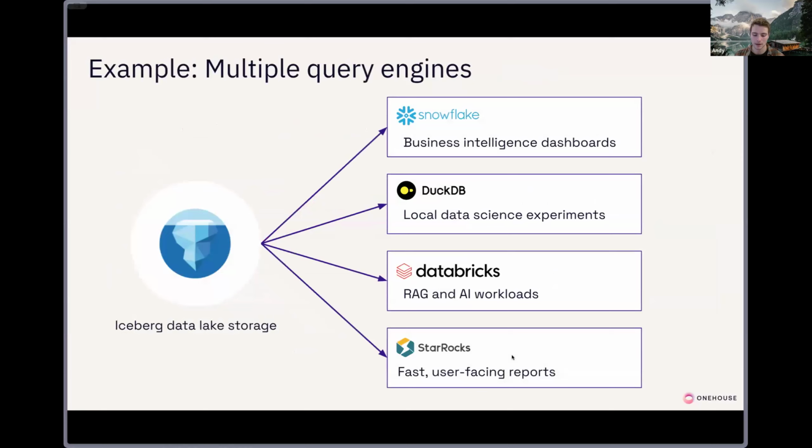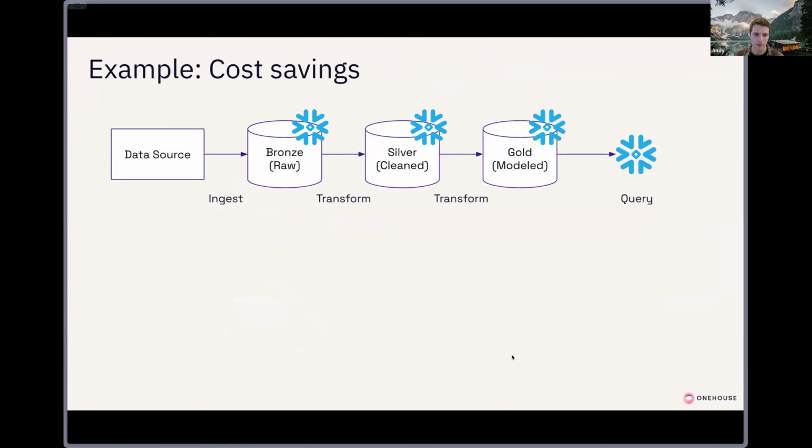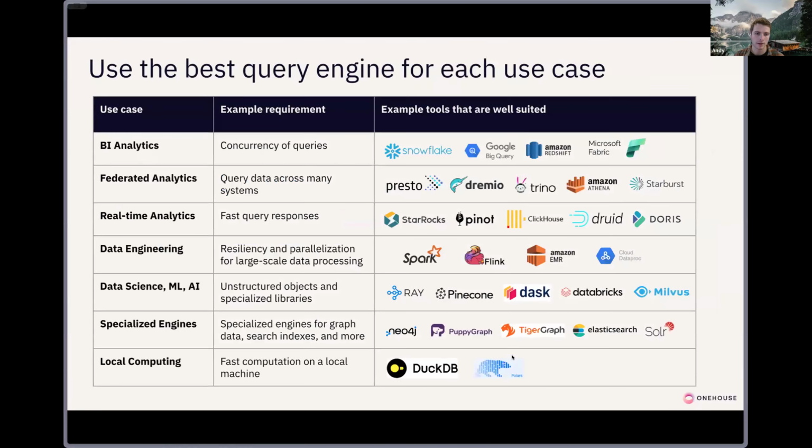Something else that we've seen here, I'll go back, we've got a slide on all the engines. The key thing when you're getting started with the data lakehouse is to choose your storage format before you choose an engine, because the storage format is harder to change down the line. And with Xtable, you can get interop between the different open table formats. So it's good that you choose one of those to start. But then with these engines, you can often sub them in and out, and you can do a lot of testing over time.